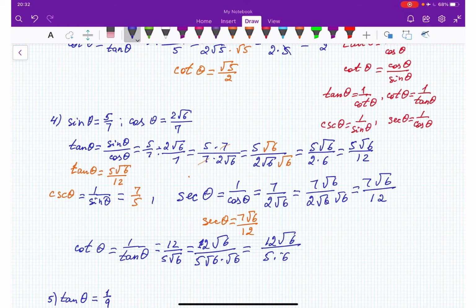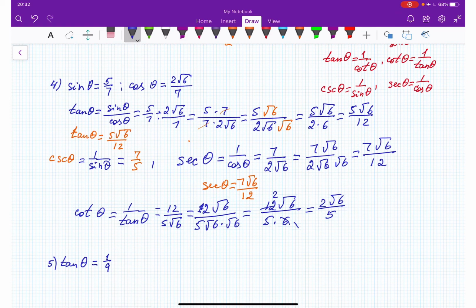So we cancel, this is 1, this is 2, and we are getting 2 square root of 6 over 5. And let me write down cotangent theta is equal to 2 square root of 6 over 5.